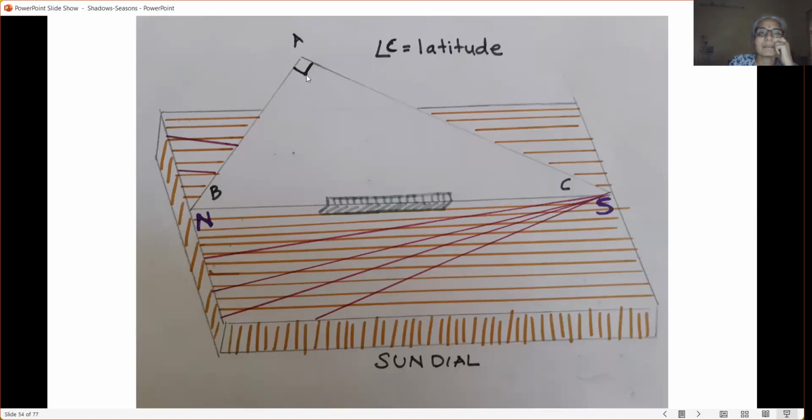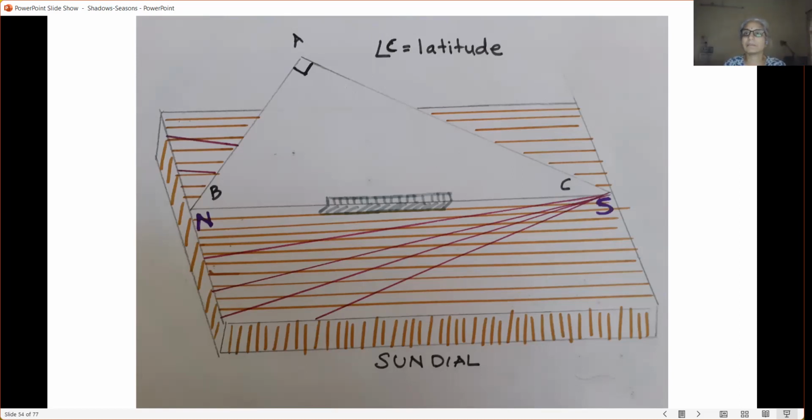So this is a right angle triangle. This angle C here has the same magnitude as the latitude. So depending on where you want to use this sundial, you need to set the angle C to that same angle as the latitude.